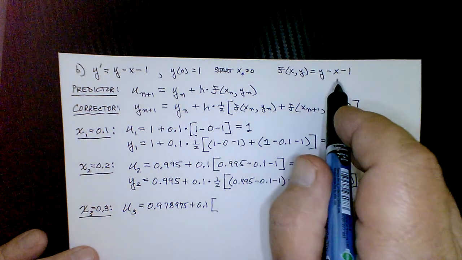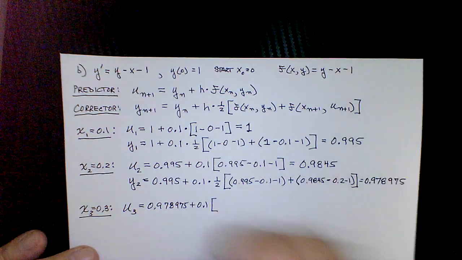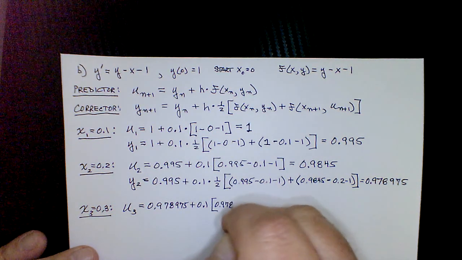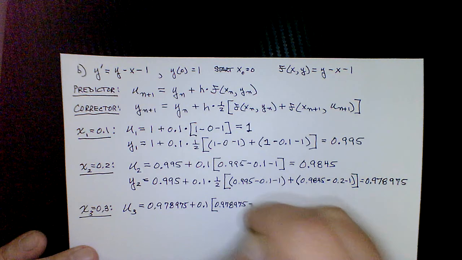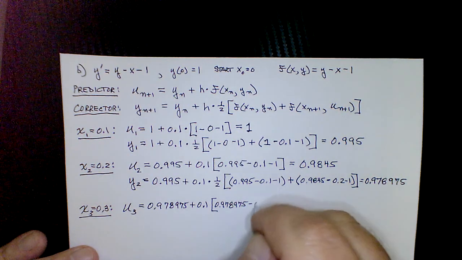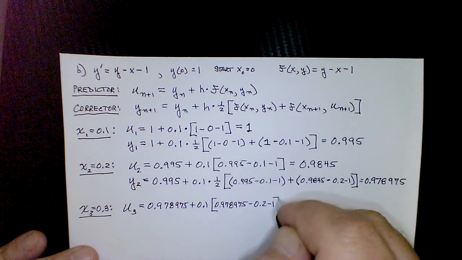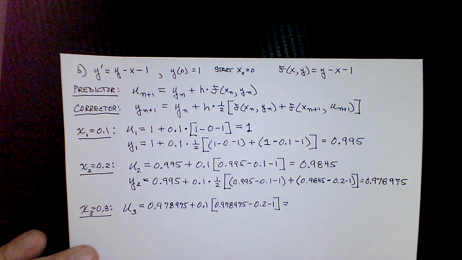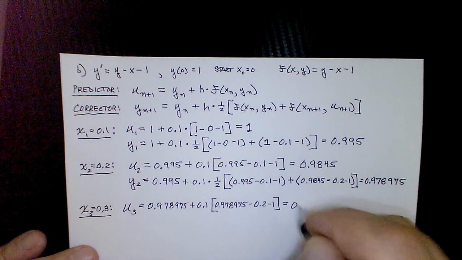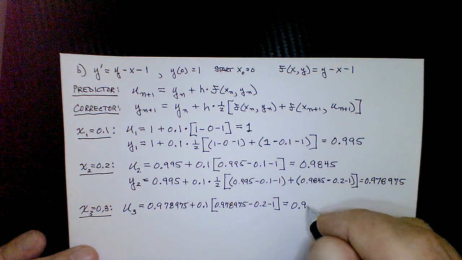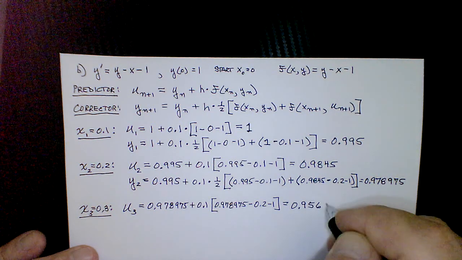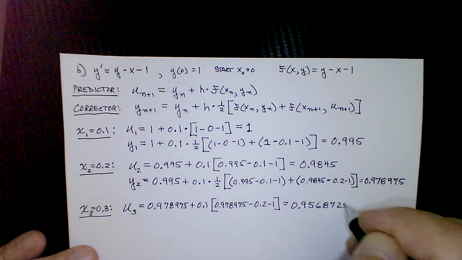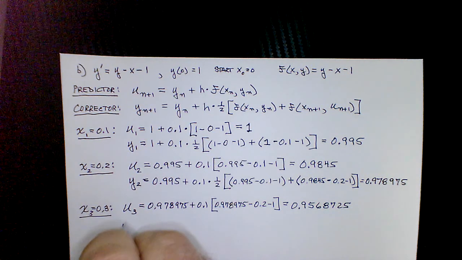So again, the function y minus x minus 1, the previous y, that value 0.978975 minus the previous x value was 0.2 minus 1. Okay, so then we crunch all that down and should get 0.9568725.